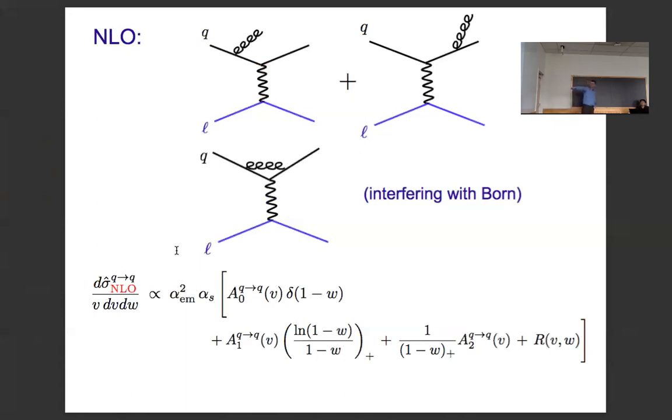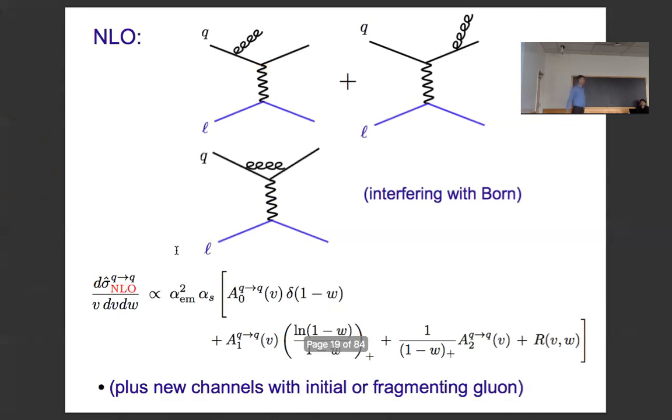This is a technicality. This makes the cross-section integrable over W. It's a remnant of the infrared cancellation. That's pretty much standard, and then you have the regular functions of V and W. Okay, and that's basically what we compute analytically. Once you've done that, you convolute with PDFs and the fragmentation functions to produce your cross-section.